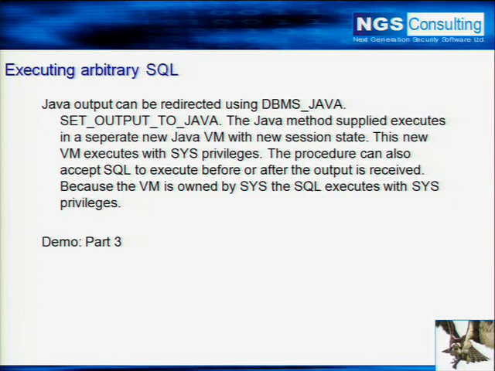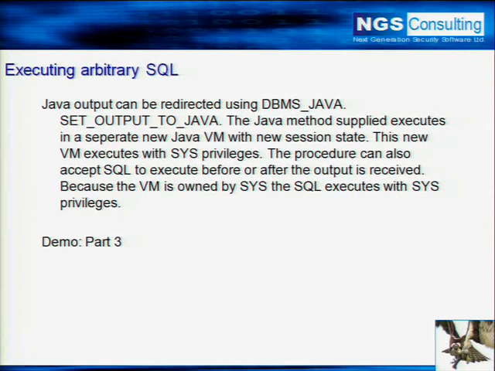This DBMS_JAVA package, the one that had the run Java function on it, has a procedure called set output to Java. Now, what this does basically is any output from System.err and so on, we can redirect to either another Java session, to SQL, or whatever.